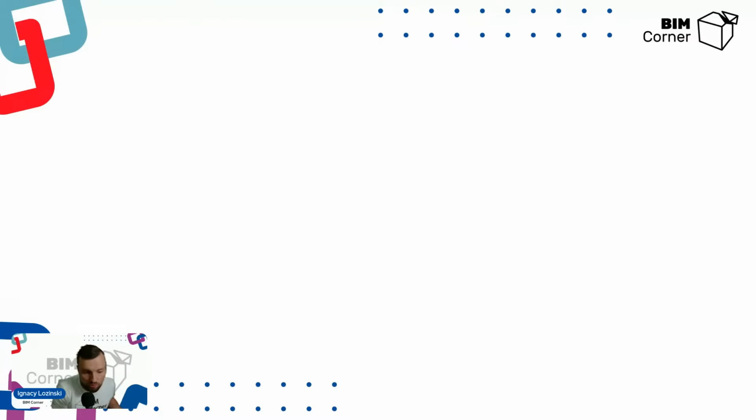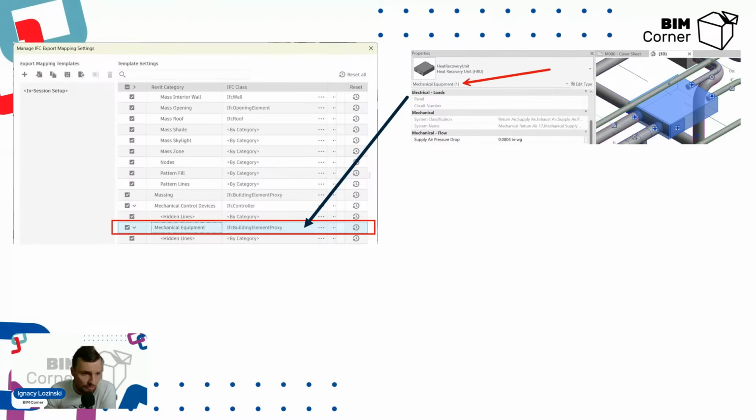For example, doors are classified into IFC door, but often we need to refine the mapping table for specific elements. Here is a simple example. Let's say that in Revit, we have this heat recovery unit. Most of the mechanical objects in Revit are grouped in a category called mechanical equipment, and in the IFC mapping table, this category is mapped into a generic class called IFC building element proxy.